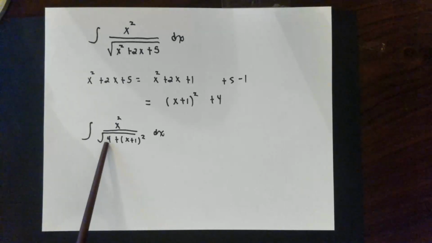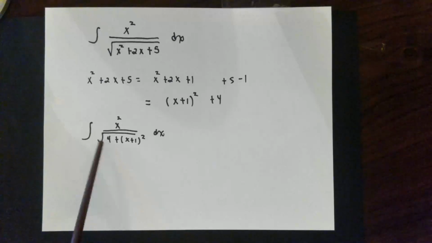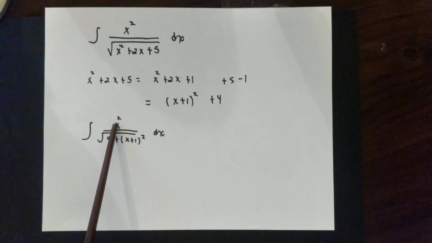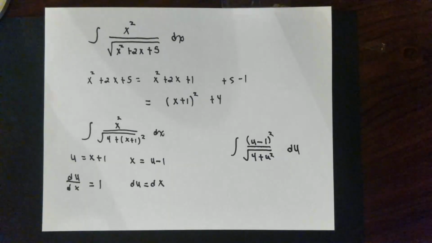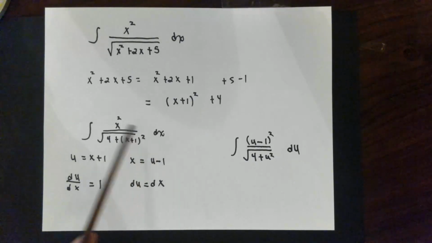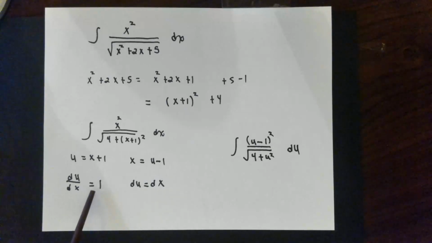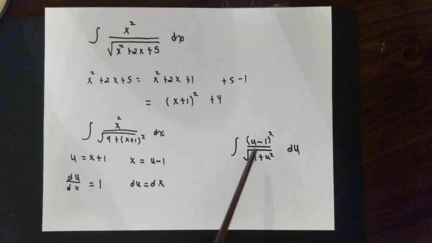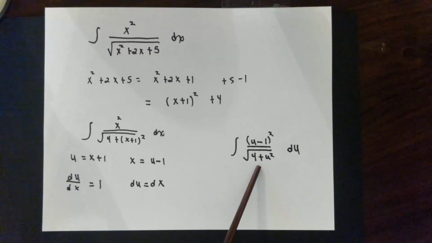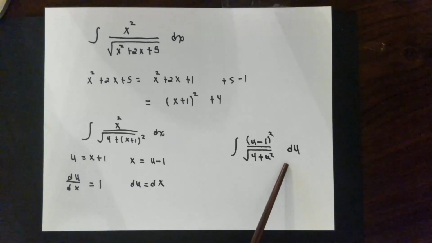The a is going to be 2. I'm going to have to figure out what to do about that x squared and also what to do about the dx. Expressing everything in the integral in terms of u, I must integrate the square of u minus 1 over radical 4 plus u squared du.